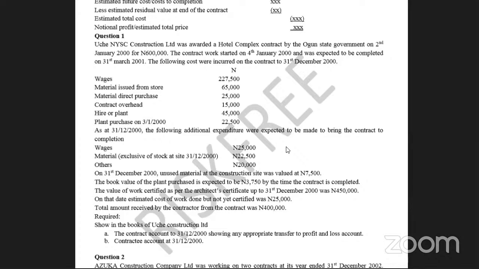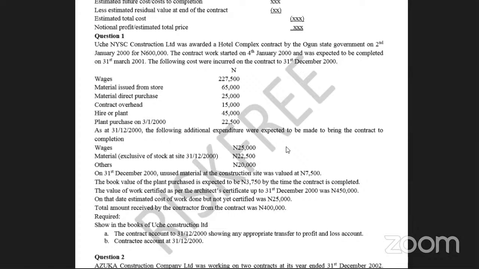Then we are told on 31 December 2000, unused material at the construction site was valued at 7,500. The book value of the plant purchased is expected to be 3,750 by the end of the contract, by the time the contract is completed.